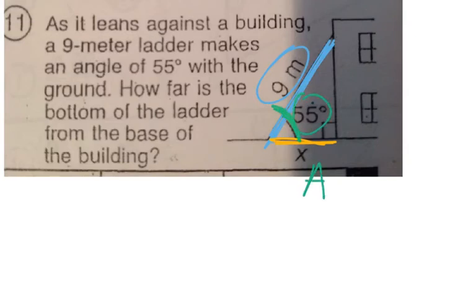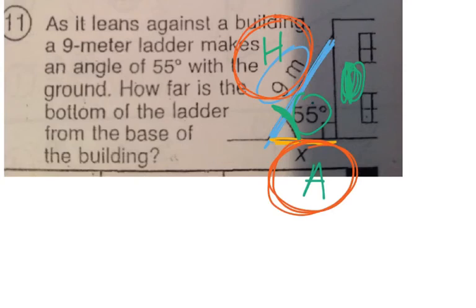Isn't X adjacent and the 9 the hypotenuse? We don't know how far it's reaching up on the building. All I know is, follow the red, the adjacent side is missing, and I do know the hypotenuse. So just ask yourself, what uses adjacent and hypotenuse? What uses A and H? You ought to come up with cosine.